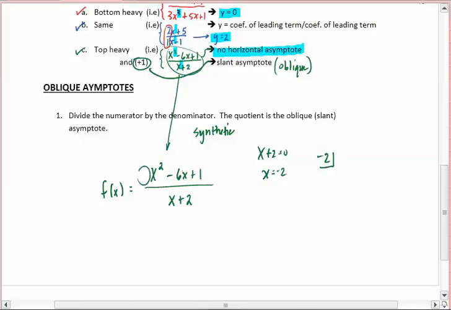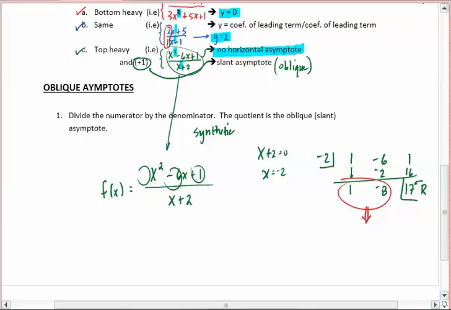I'm going to grab the coefficients and put them into synthetic: 1, negative 6, and 1. By the way, the quotient is going to be our slant asymptote. So here we go. Bring this down. That's going to be negative 2. There's negative 8. That's going to be a positive 16, and the remainder ends up being 17. But we ignore the remainder.